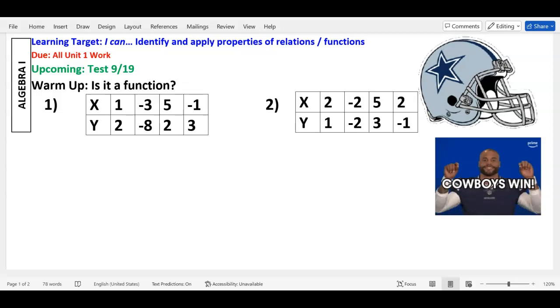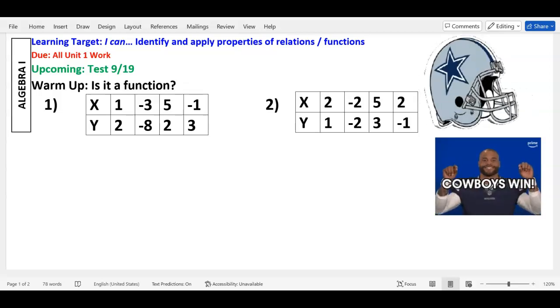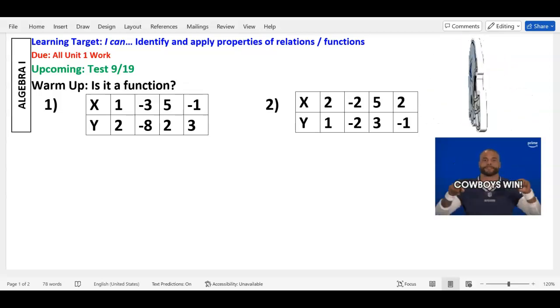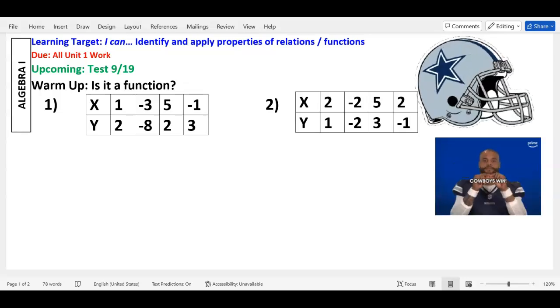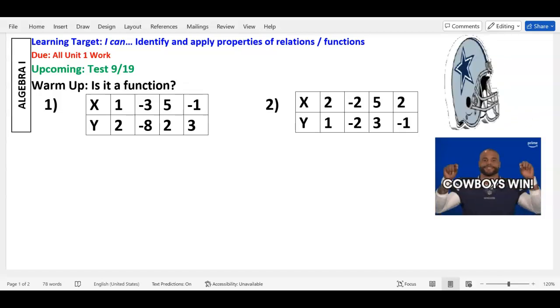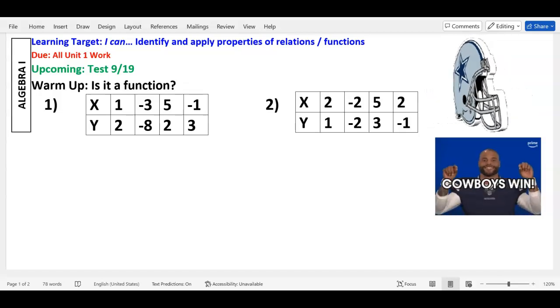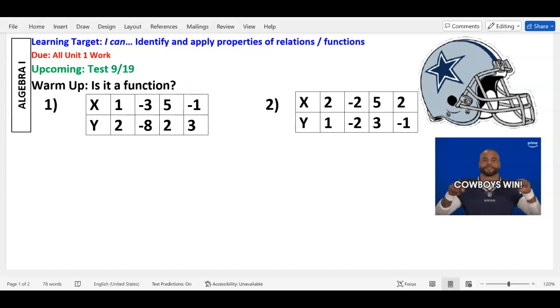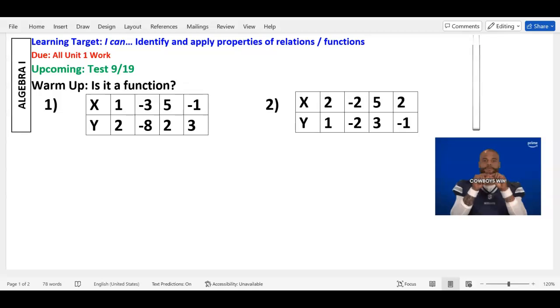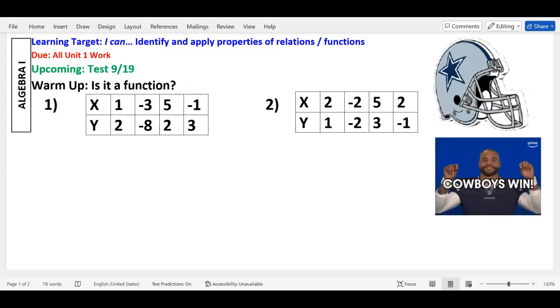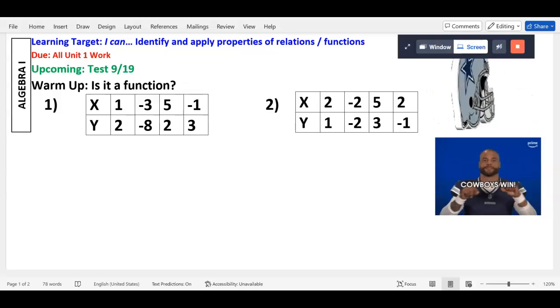On Friday, we did some notes, which if you need them, they're in the blue bin, right? But we talked about what is a function. Let me ask y'all, do y'all remember how to tell if something's a function? What do you look for in the table? Well, let me point this out here.